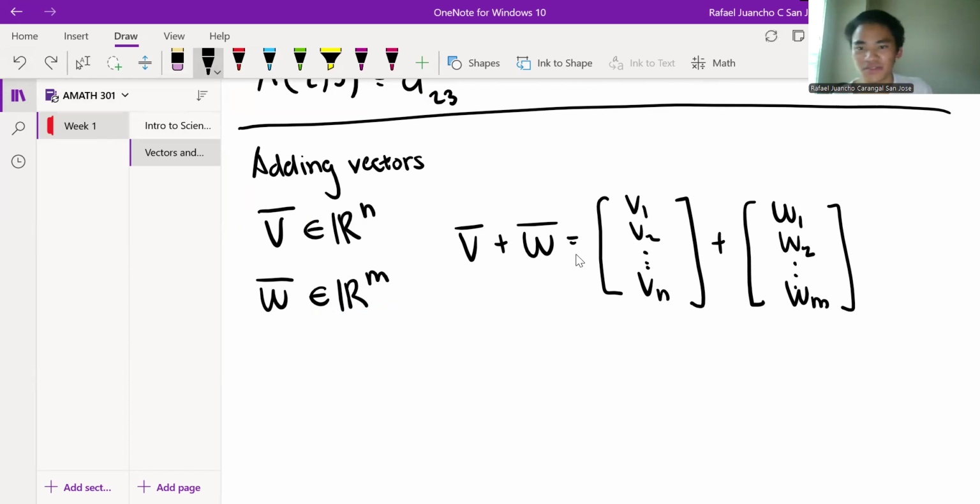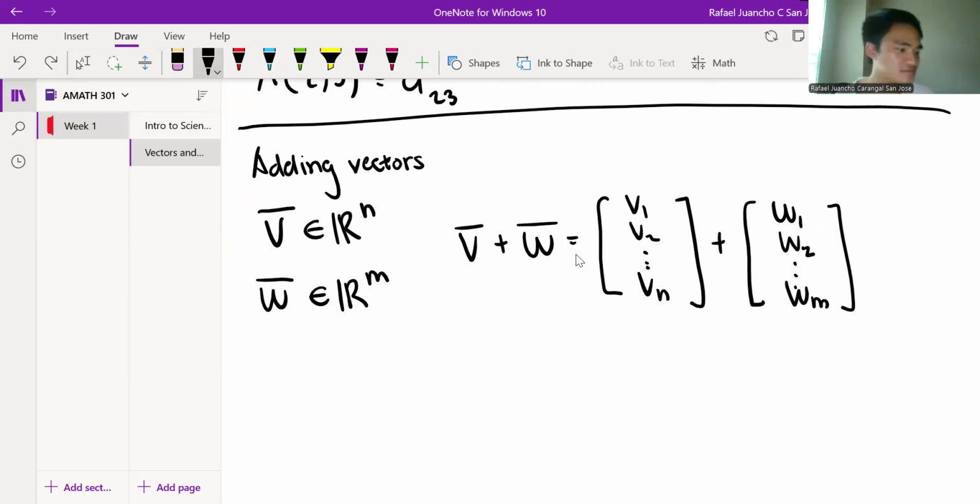You're just adding the rows, and you get a vector that contains the total of each: v1 plus w1, v2 plus w2, all the way to vn plus wm.